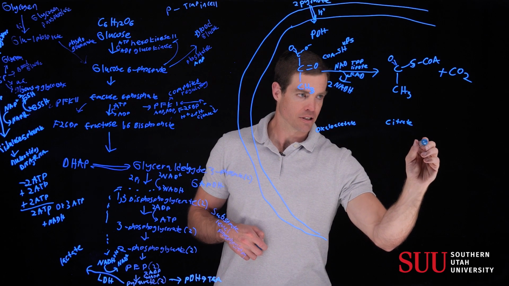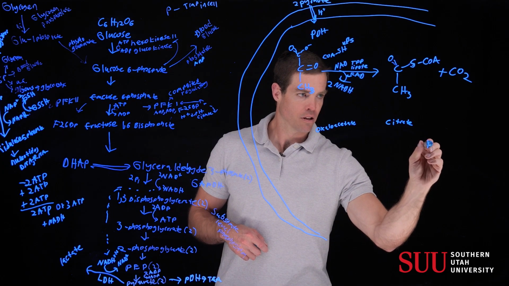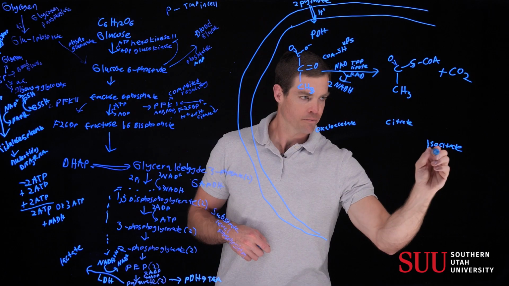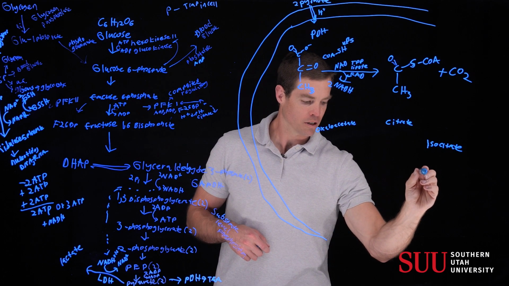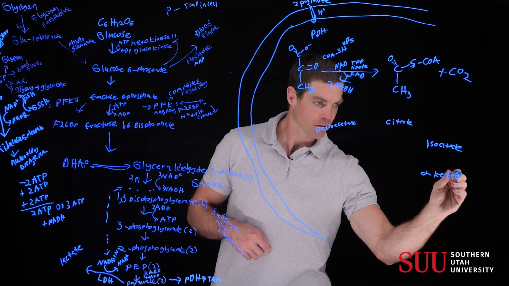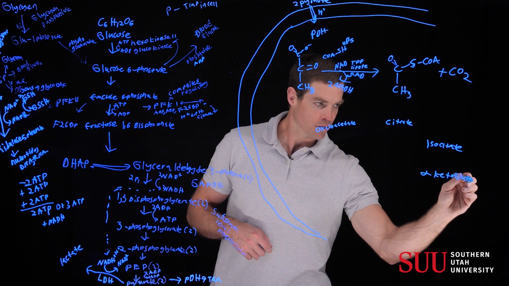Then we get our isocitrate. Now we'll form our alpha-ketoglutarate.